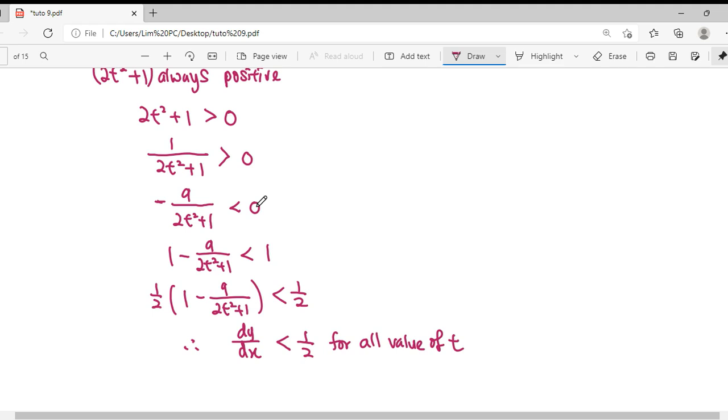Then the following concept is still the same. So plus 1 here, also plus 1; times 1 over 2 here, also times 1 over 2. Boleh?